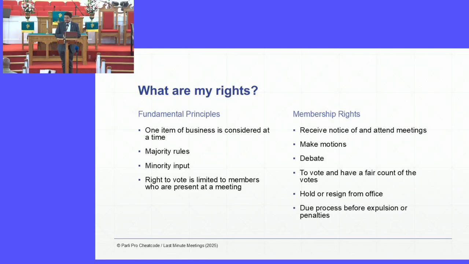Another right is being able to discuss the proposals, vote on them, and have a fair account of that vote. Being a member also affords you the right to run for or resign from an office or leadership role, and if there's any sort of expulsion or penalty, due process. You need to be heard before a penalty is assigned, essentially.